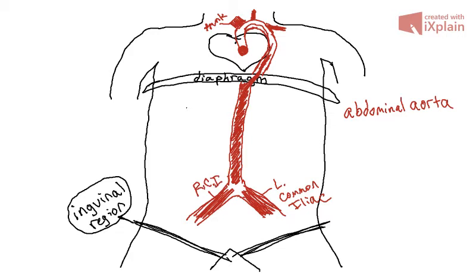And it's common because it's going to split into two different iliacs, the external iliac and the internal iliac. And same over here. Here's the internal iliac and the external iliac. And the external iliac is what goes down past the inguinal region and turns into the femoral artery.